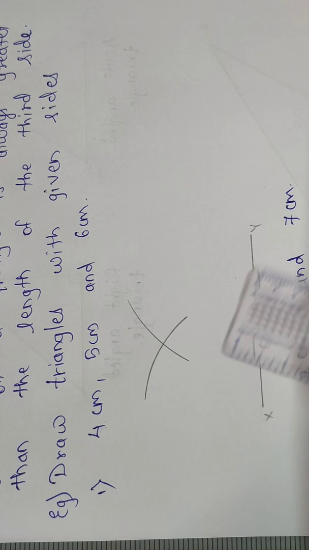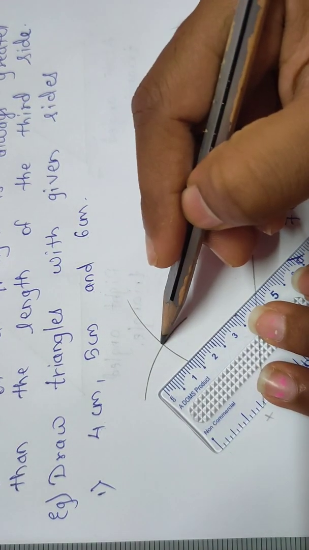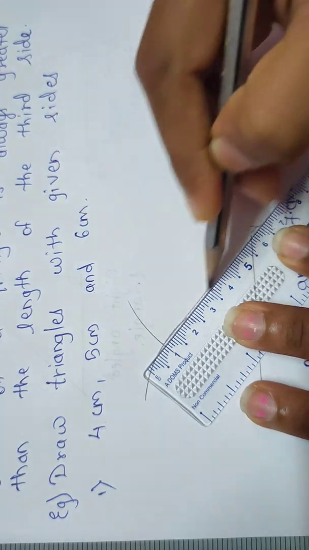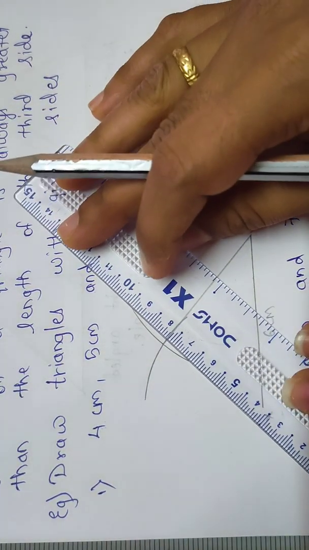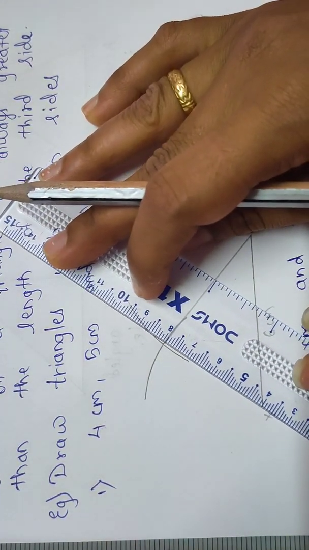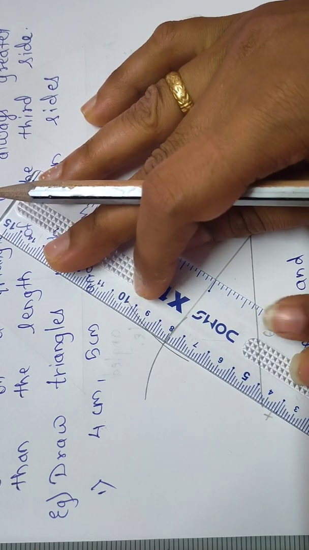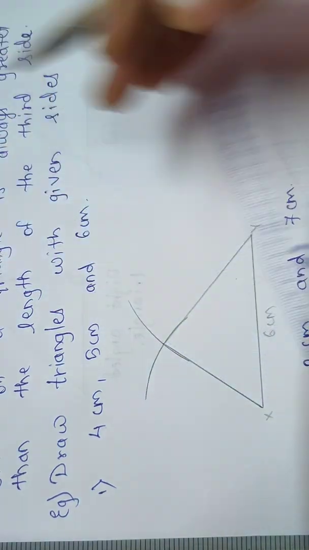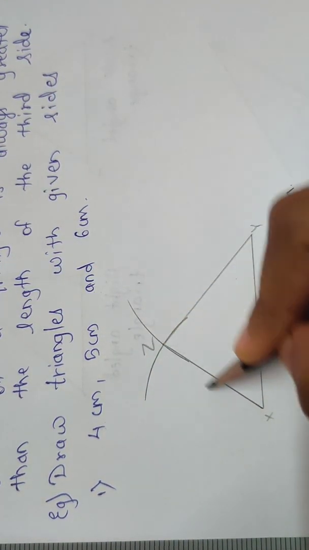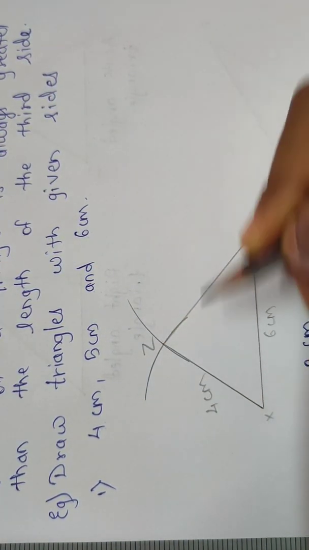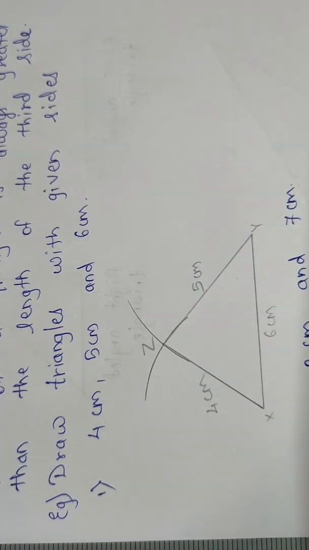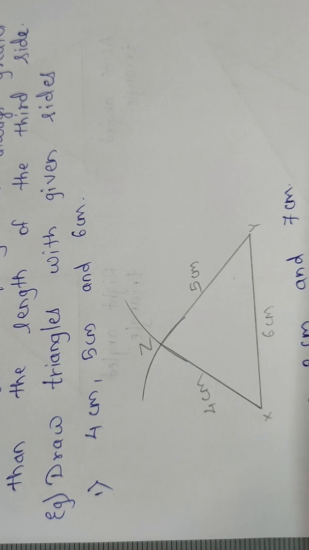We have an intersection and we connect it. XYZ. This is 4 centimeter and this is 5 centimeter. See, it is possible to draw such a triangle.